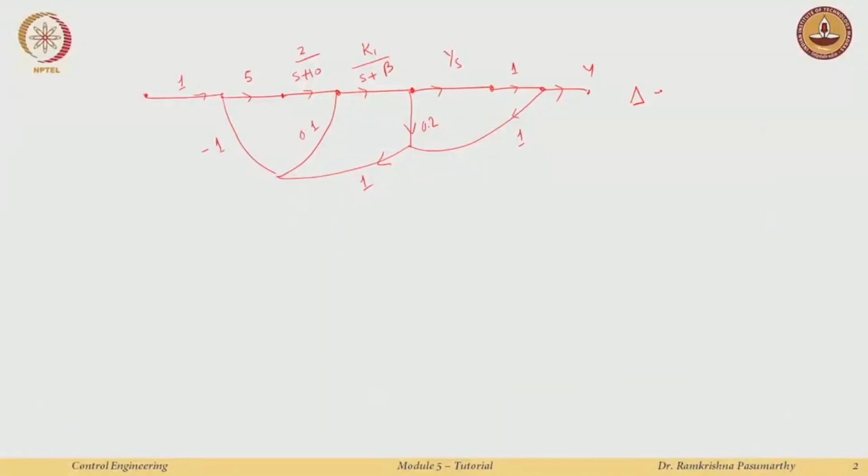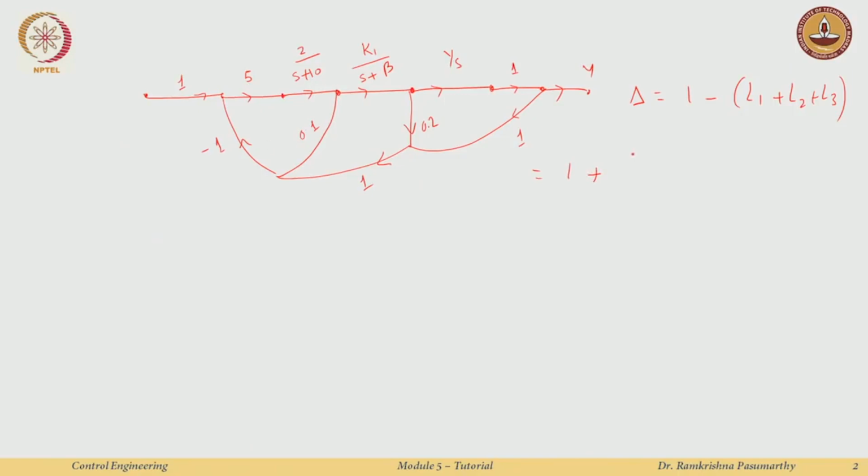Okay. So, the delta here is 1 minus, well, you look at all the individual loops. There are 3 loops here, right. One loop is this one, second loop is this one, and the third loop is the outermost loop. Okay. So, the delta turns out to be 1 plus, I just look at this one.